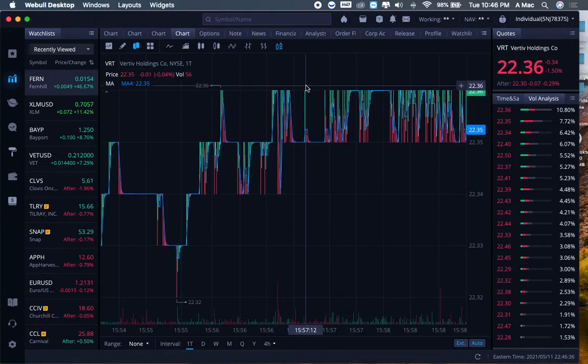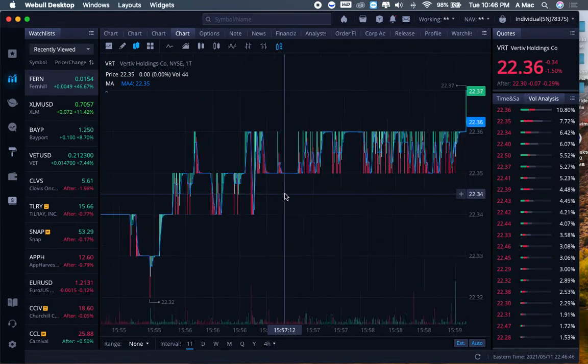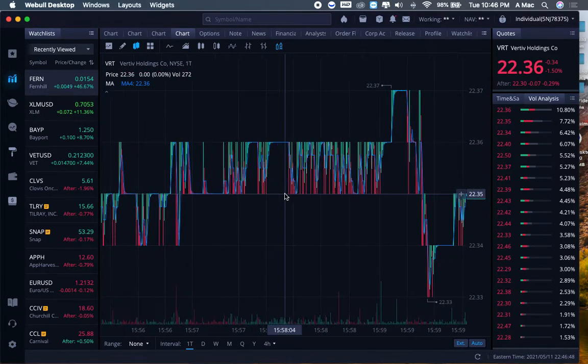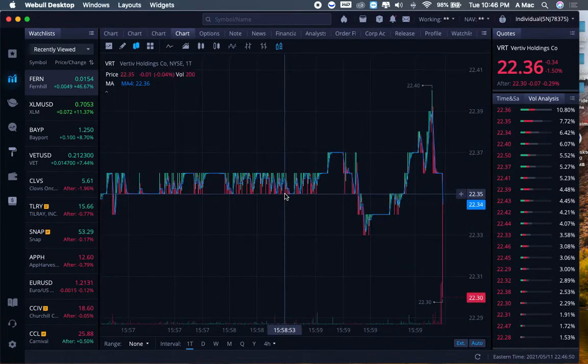The resistance is where the green line stops. The green can't go up from here. The red can't go down from here. So what we try to do is look for the most common area where prices will be supported and resisted.